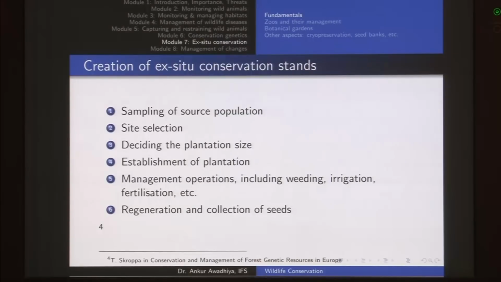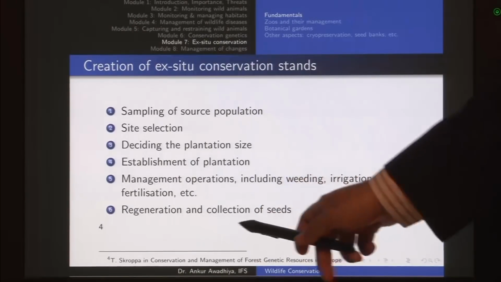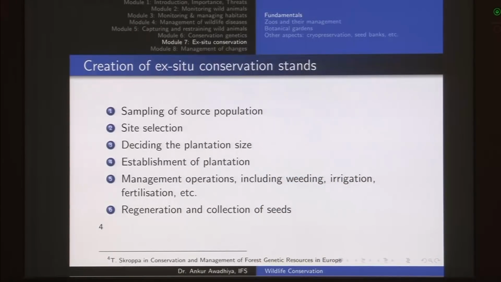In the case of animals, it would be animal husbandry practices, veterinary support and so on. All sorts of management operations are done so that you are giving your plants the best environment to survive and to propagate. And once they propagate, the next step is regeneration and collection of seeds. You would collect these seeds and maybe translocate them back into the natural environment. So this is how the creation of an ex situ conservation facility works.